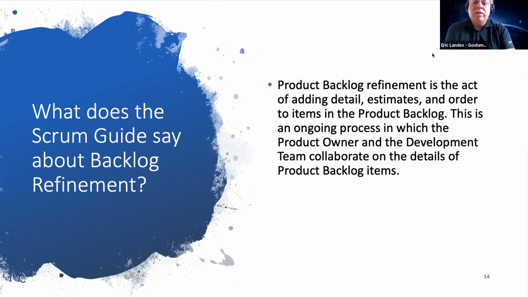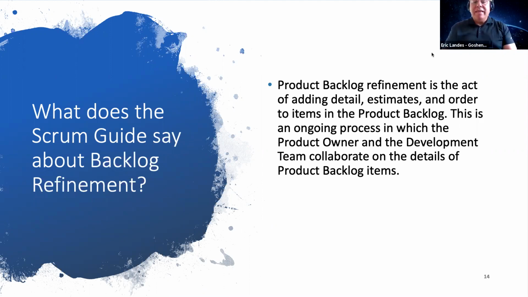And so that's that ongoing process we talk about in the Scrum Guide. The other thing I'll add, and I'll say it here a couple times, the Scrum Guide doesn't actually tell you exactly how to do the product backlog refinement. It leaves that up to the team.